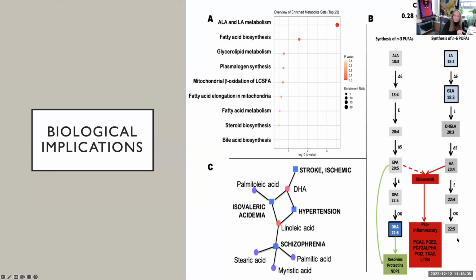The prostaglandins coming from the N6 seem to be more pro-inflammatory than the ones under the N3, because the N3 also gives rise to resolvins, protectins, and NPD1, which are quite protective. However, the increased risk for non-TD diagnosis seems to be associated with an increase of the N6 polyunsaturated fatty acid pathway.